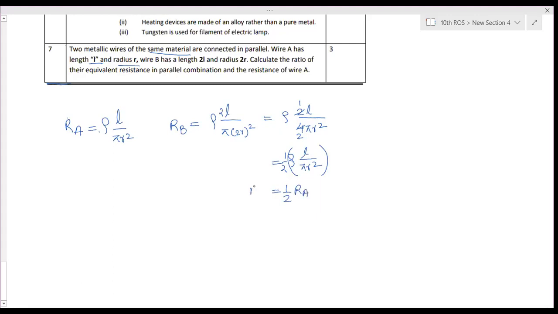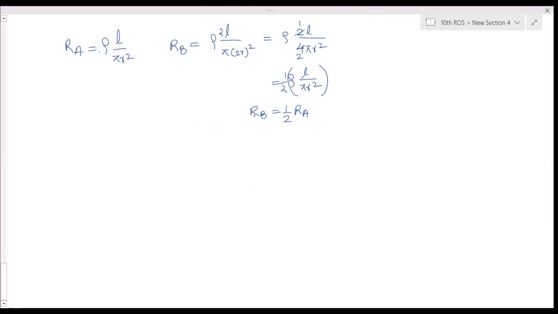Now Varnika, don't tell anything. RB is equal to half of RA, that is RA by 2. So the resistance of the second wire is half of the first wire. Now they are asking for the total parallel combination.